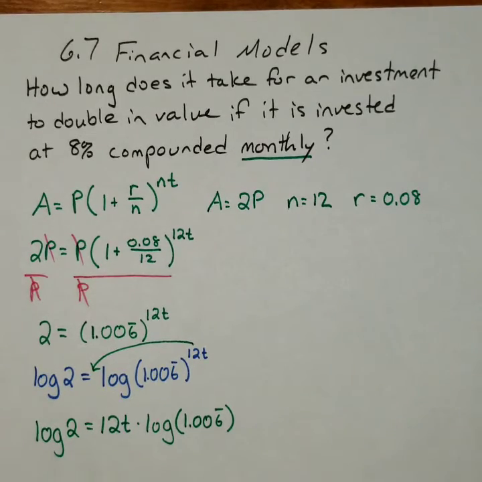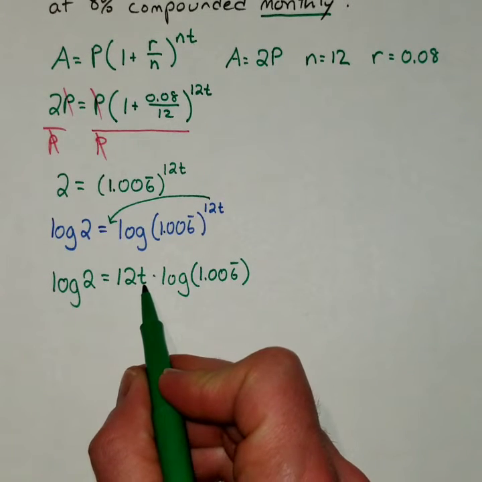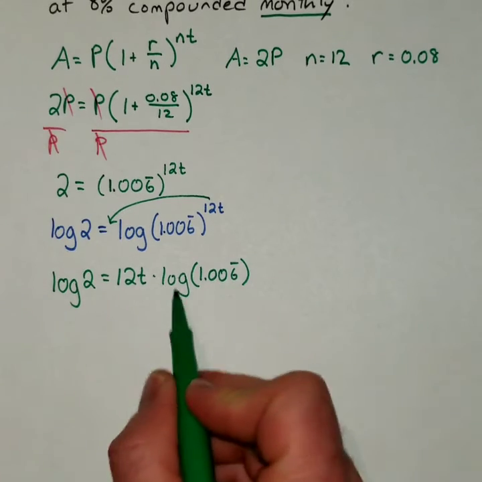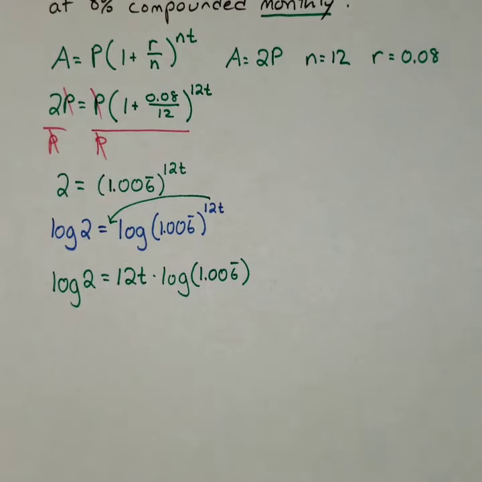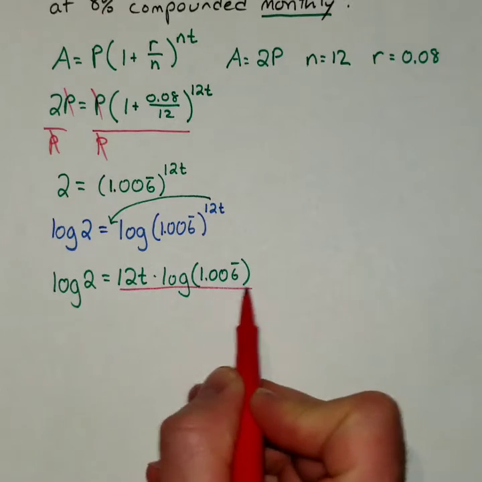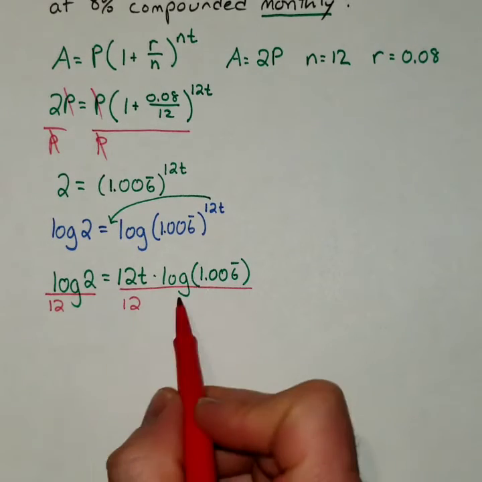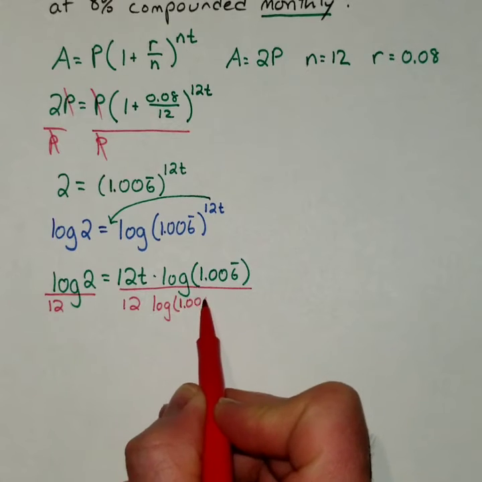Alright, so now I'm going to try to solve for t. Well, t is being multiplied by two things, the 12 and this logarithm. So I might as well divide them out. Okay, so I can divide now both sides of this equation by 12 and by the log of 1.006 repeated.